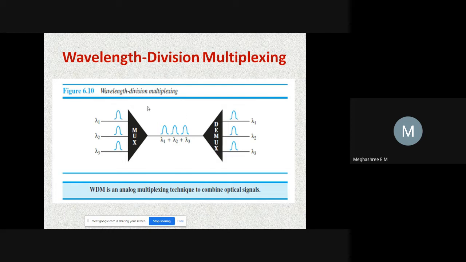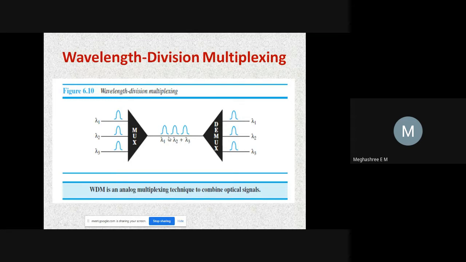So here this represents the multiplexer and this represents the demultiplexer, right? Here very narrow bands of light, these are the lights, from different sources are combined to make a wider band of light.